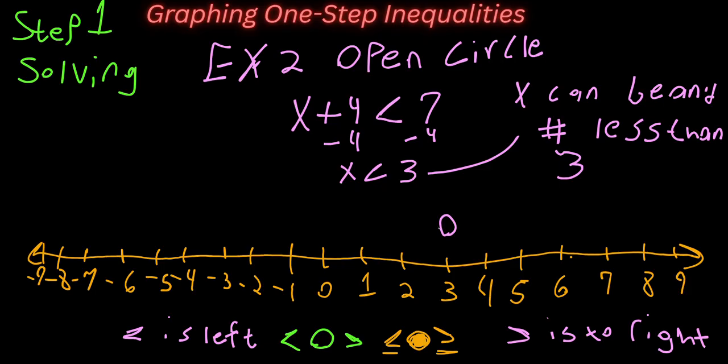So we would represent that by shading it in to the left. And that is going to stretch on indefinitely to infinity. It could be 2, 1, 0, -1, stretching on to -1 million. On and on and on. And we have an open circle, and we've graphed it to the left.